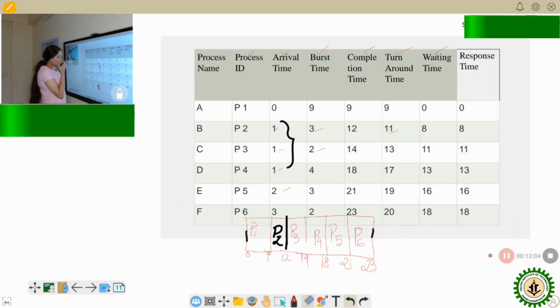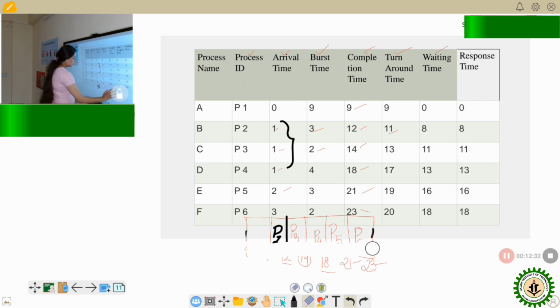So the completion time of P1 is 9. As per our Gantt chart, the completion time of P2 is 12, P3 is 14, P4 is 18, P5 is 21, P6 is 23.